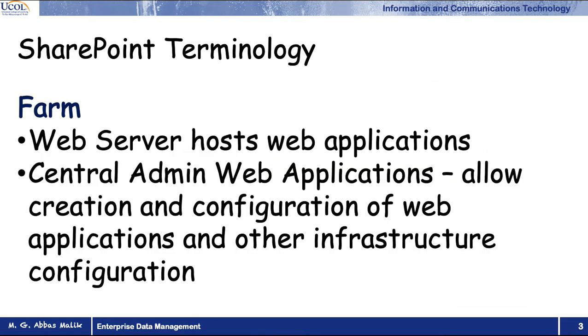And what does farm mean? A farm is the set of server machines which are hosting the web applications or the websites, all the applications, all the websites, all the things that you can share or do with SharePoint. These are hosted on that farm, and the farm is considered a server that is managed by SharePoint, so they call it a SharePoint farm.